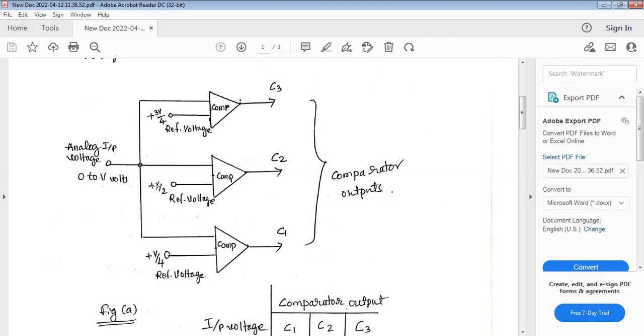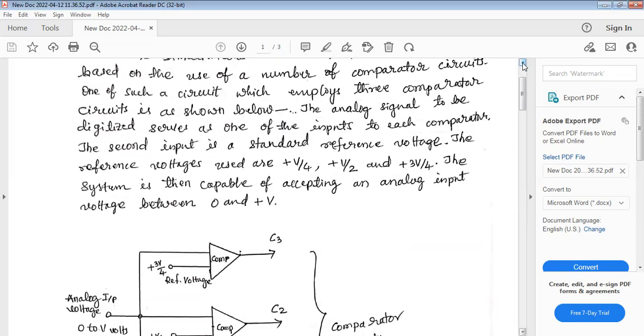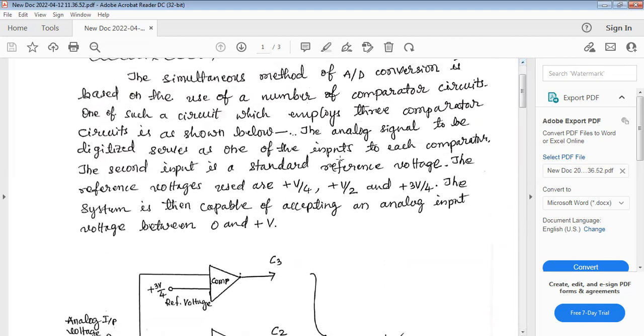So this V can be any given voltage. It may be 5 volt or 10 volt like that. So that voltage is divided into different levels, and the different reference voltage levels are supplied to one of the inputs of the comparators. The analog signal to be digitized serves as one of the inputs to each comparator, and the second input is a standard reference voltage which comes from a standard reference source.